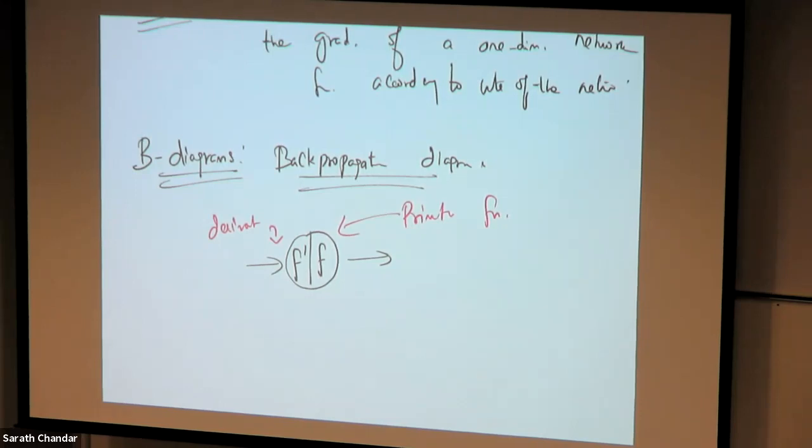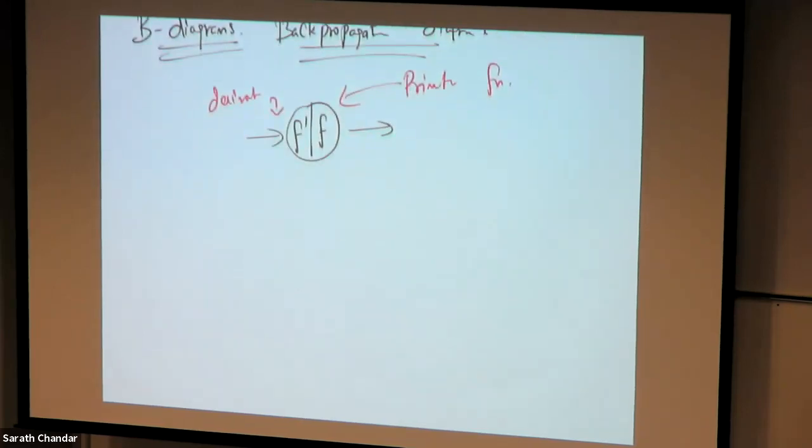Now let's say I have g of wx plus b, or let's say sigmoid of wx plus b. I can split this into two parts. The first node does the integration, all the addition in the linear function, and the second node does the activation function. So I take all the inputs and do the summation, which is what wx will do. Then I pass it through the sigmoid function.